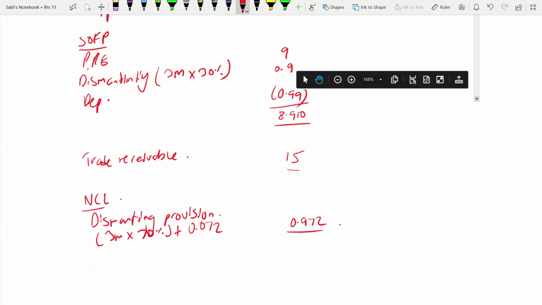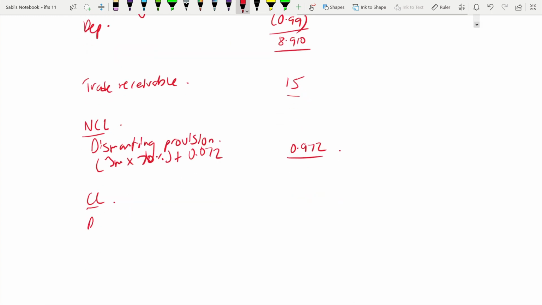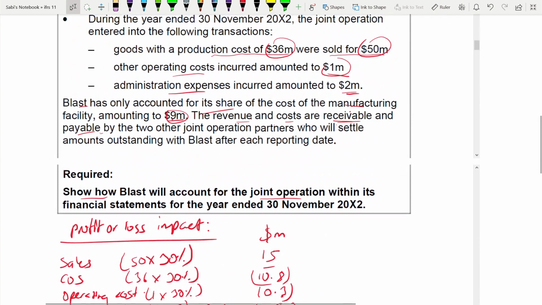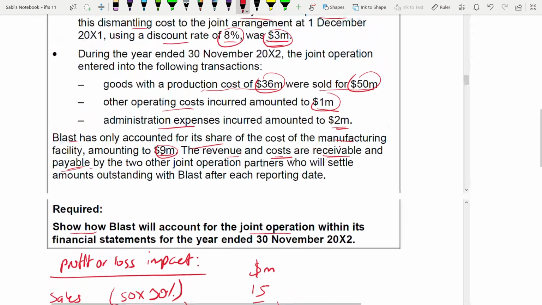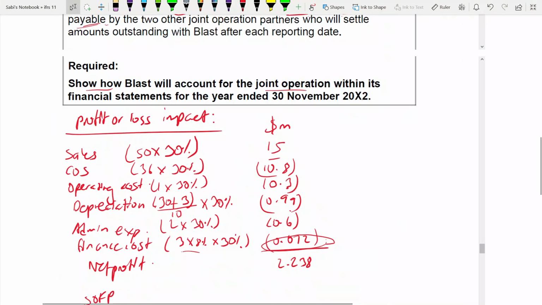Now current liabilities, CL. You have trade payables, or payables. We are taking payables. See, here they told revenue and the cost are payable. So what are the costs? You need to go to your profit and loss and check your costs. Already you have got them.